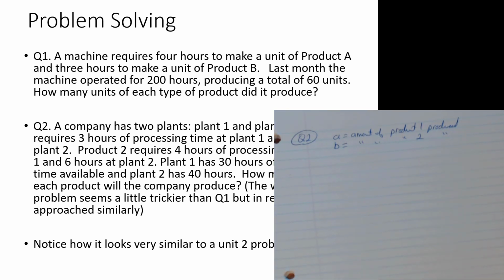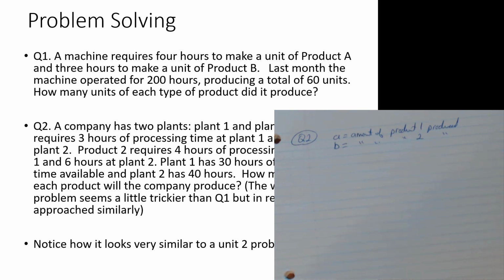Okay, so I need the variables. I need to know what we are actually solving for, because without that, I can't set anything up. That was the case in unit number 2, and that is going to be the case in linear programming in a big way. Okay, so now I know what I'm looking at.